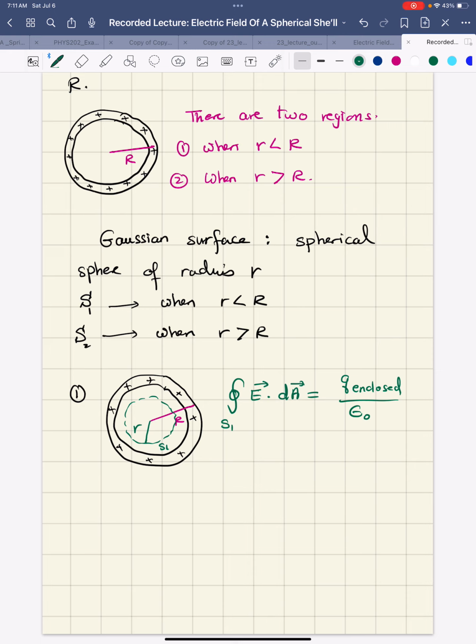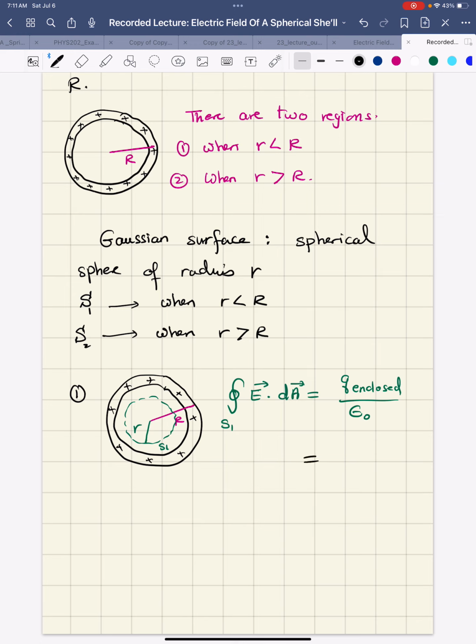Then I am going to look at how much charge I have inside that Gaussian surface. Sometimes you look at the expression and decide to work on the left-hand side, but sometimes the problem is very simplified when you look into your right-hand side. How much charge is enclosed by this S1? Nothing, right?